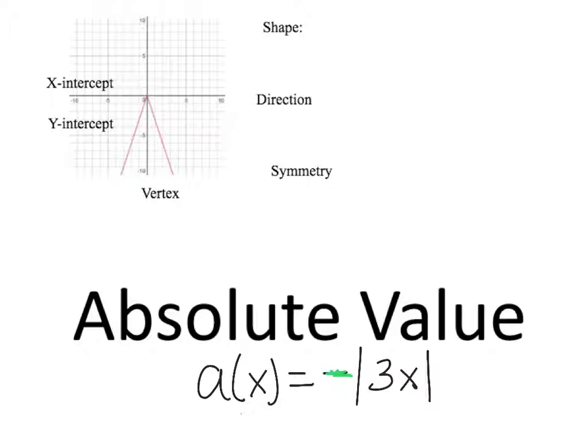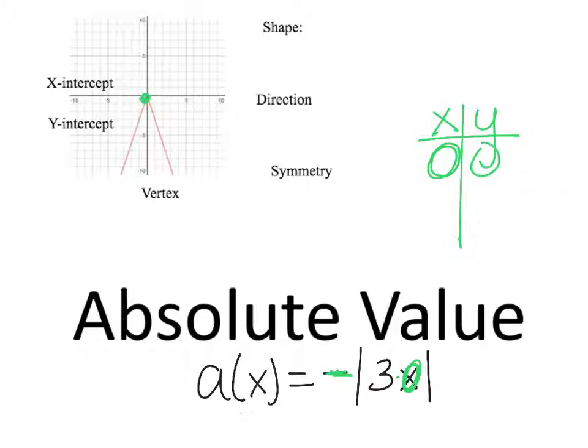So you're going to start with plugging in a point like, if we wanted to find the y-intercept, we're going to let x equal 0, and we plug x in there. We've got 3 times x. Here's our 0, 3 times 0. That's 0, and so the opposite of 0 is 0, and you can see it right here.